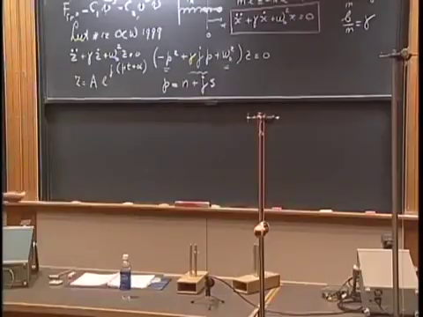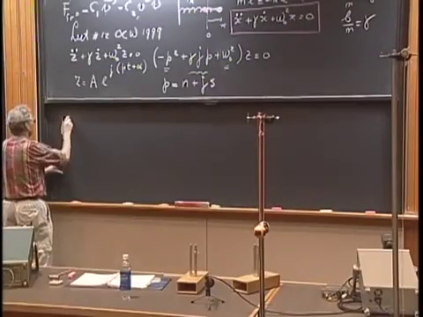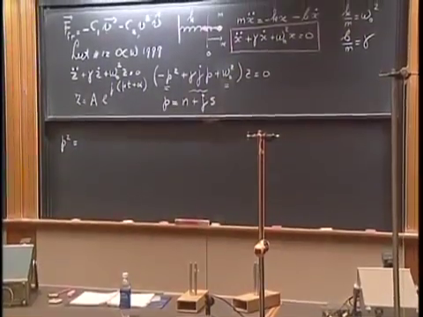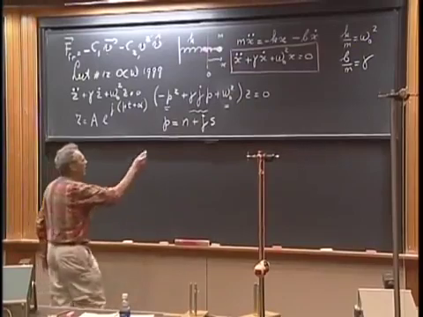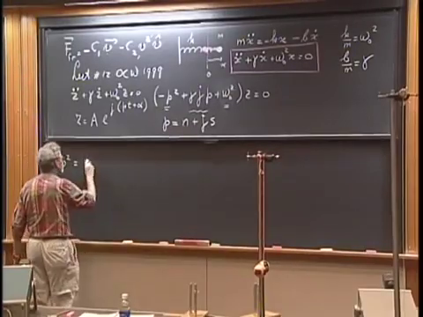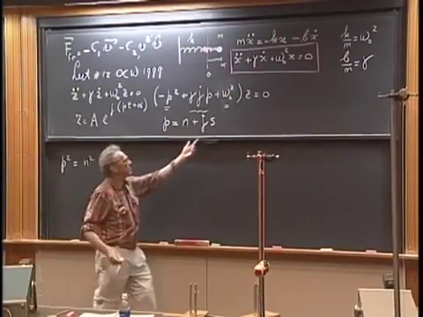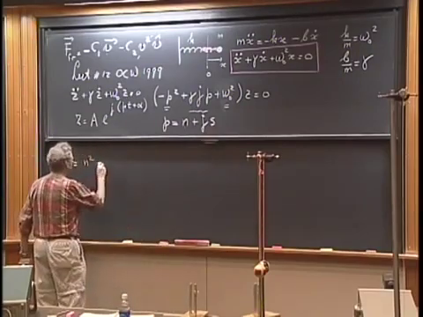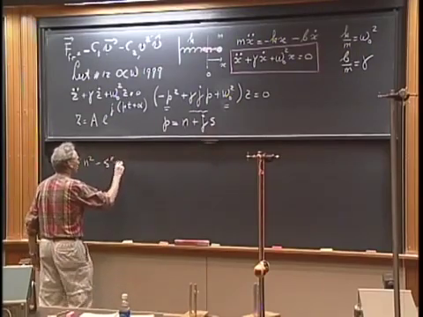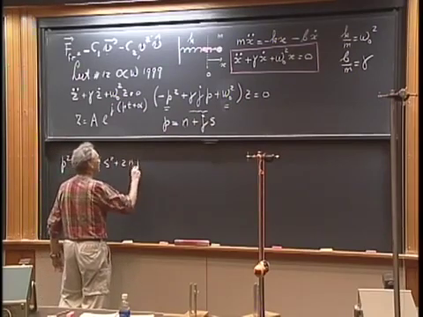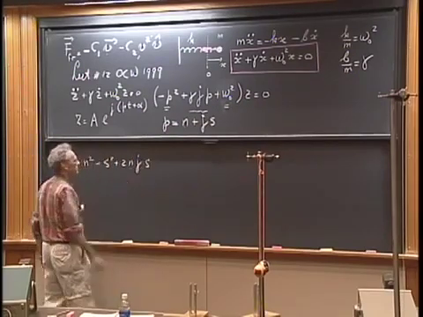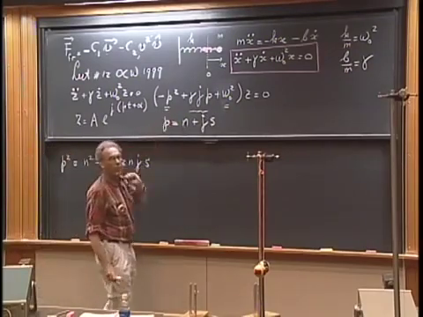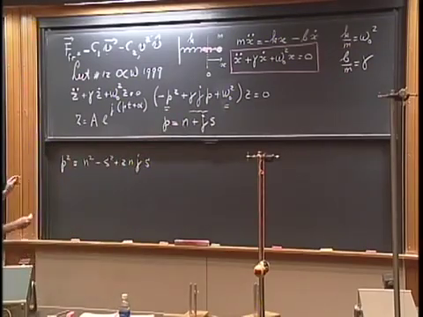So let's first calculate what p squared is. We go slowly, so we don't get into trouble with the algebra. So p squared is n squared plus this one squared, the j squared is minus 1, so that is minus s squared, plus 2n times j times s. So now I can go back to this form and have minus p squared.